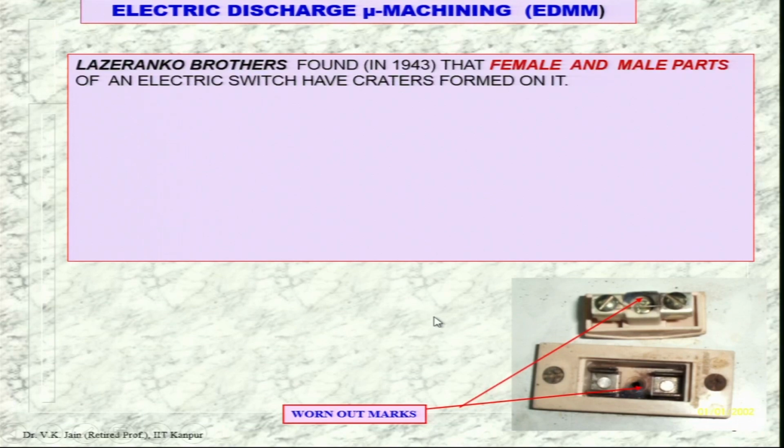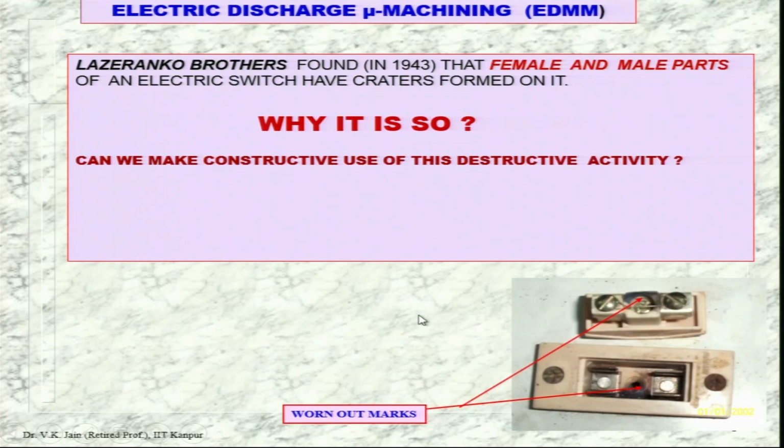Lazarenko brothers found that female and male parts of an electric switch have craters formed on it, as you can clearly see over here as well as here. They started thinking why it is so. They also raised a question to themselves: can we make constructive use of this destructive activity?